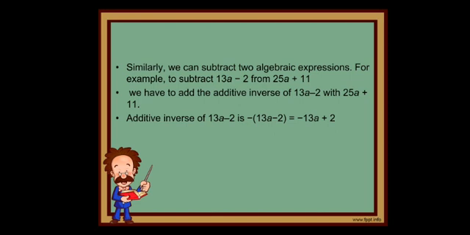Here 13a has a positive sign, so we change it to negative. And minus 2 has a negative sign, we change it to positive. So additive inverse of 13a minus 2 is minus of 13a minus 2, which is minus 13a plus 2. Add 25a plus 11 with this additive inverse.